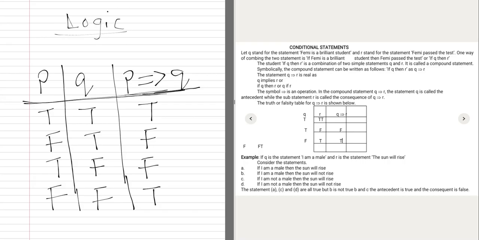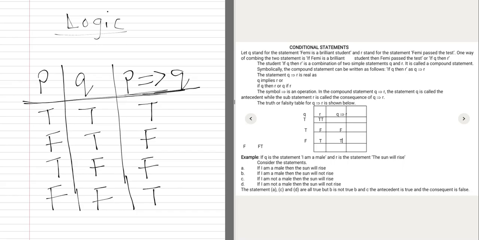So let's read with me. Let Q stand for the statement that Femi is brilliant, and R stand for the statement that Femi passed the test. One way of combining the two statements is, if Femi is a brilliant student, then Femi passes the exam.